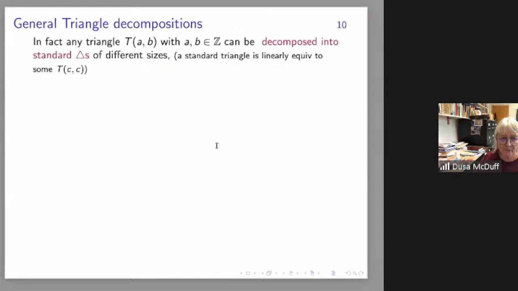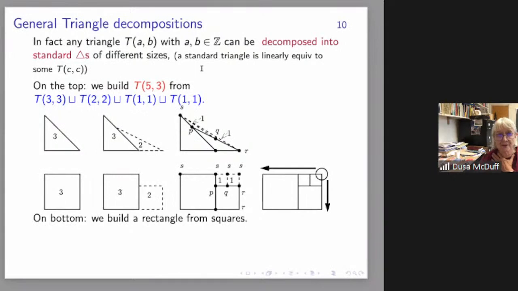This is a way of understanding how you can embed unions of balls into ellipsoids. Now, you can do this very generally. If you take any integral triangle, you can decompose it into standard triangles of different sizes, where a standard triangle is equivalent to T_c,c, just some multiple of the one T11. Here's a picture where I've started off with T53.